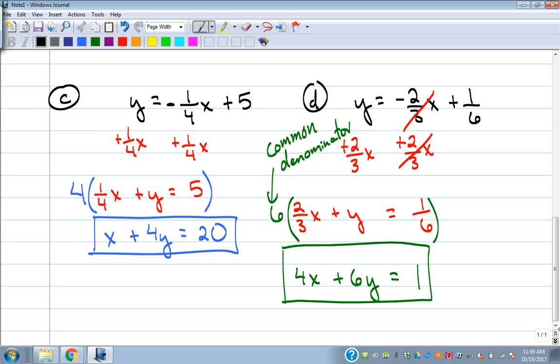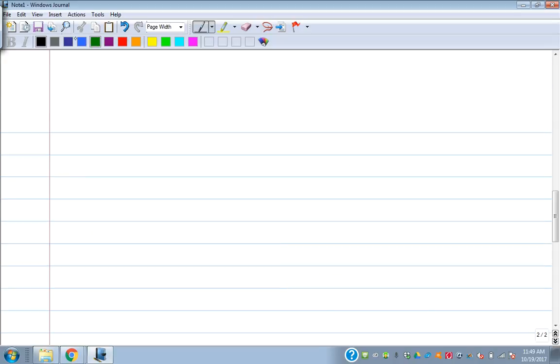Okay? All right, let's do another one. It's got fractions in it. Let's say we had y equals 5 over 4x minus 2 over 9. All kinds of bases.